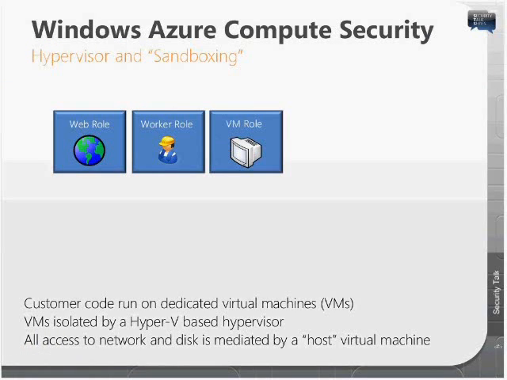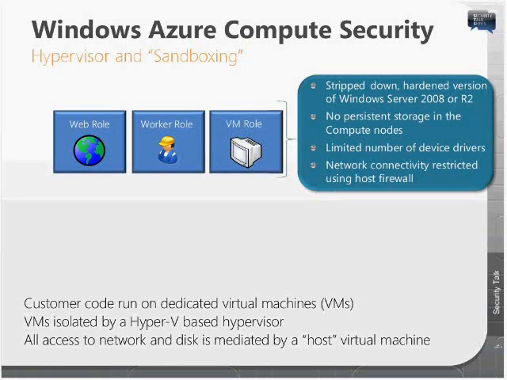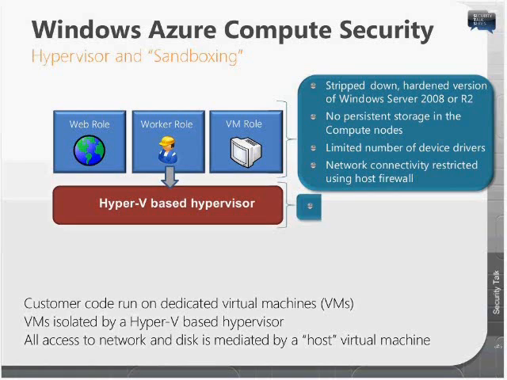So let's talk a little bit more about the compute model. I mentioned before the three roles: the web role, the worker role, and the VM role. These are all running on a Hyper-V based hypervisor. This means that these machines are abstracted from each other. They can share the same hardware.